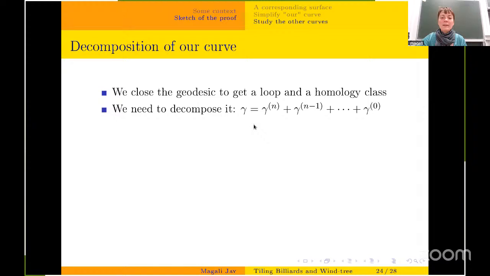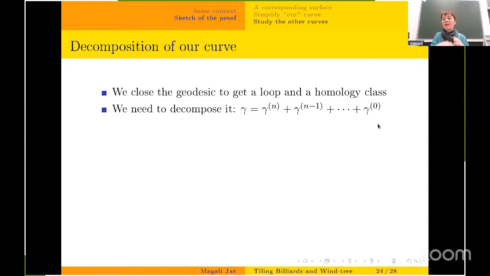So gamma n is a loop where I can apply the geodesic flow for a long time, and I can assure that the horizontal component that I have added is small enough so that it won't be a problem. And gamma n-1 is such that I can apply the flow, but to a nearer future, and so on.